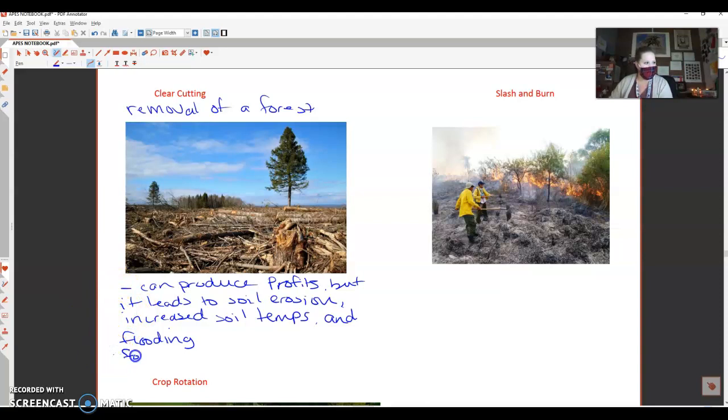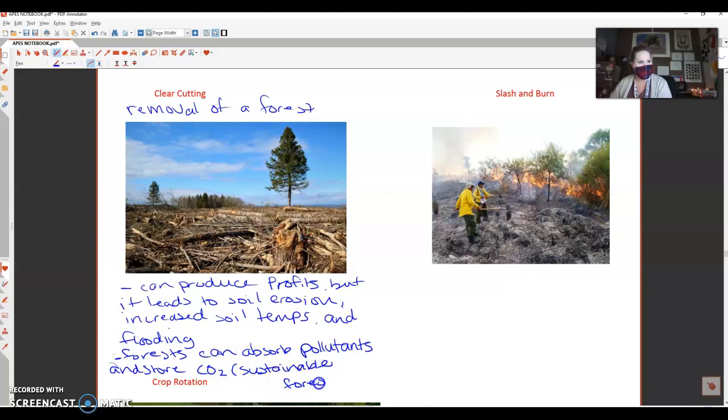So, forests can absorb pollutants and store CO2, carbon dioxide. And this is what we call sustainable forestry.